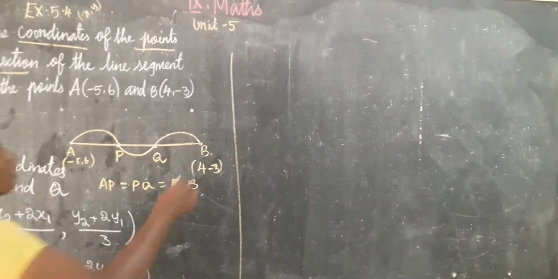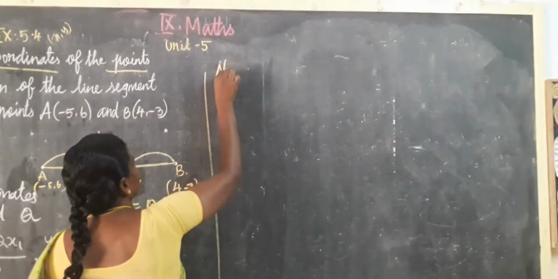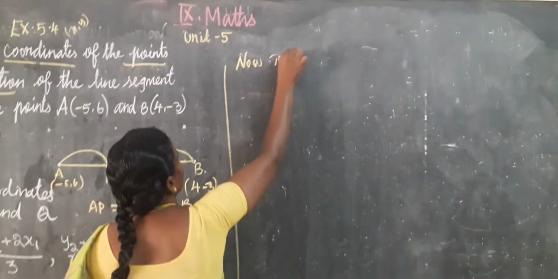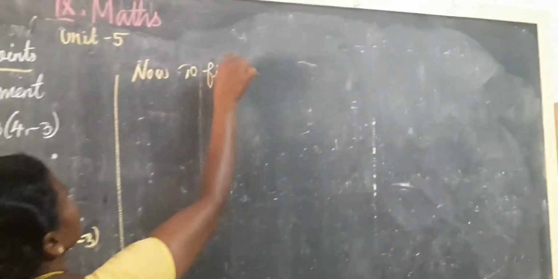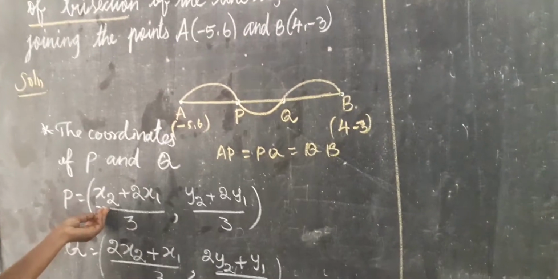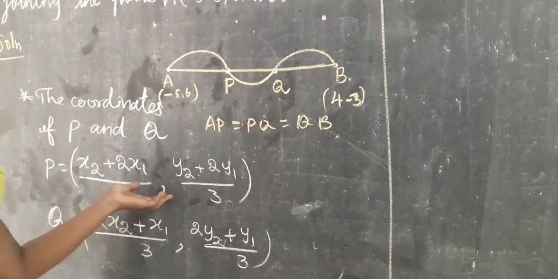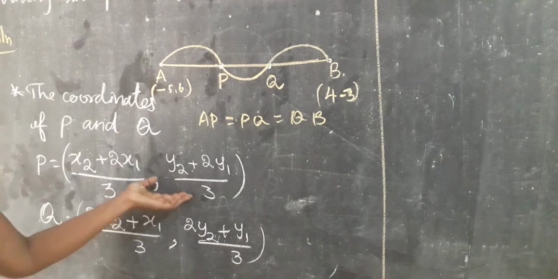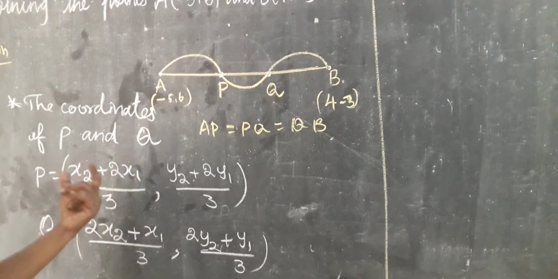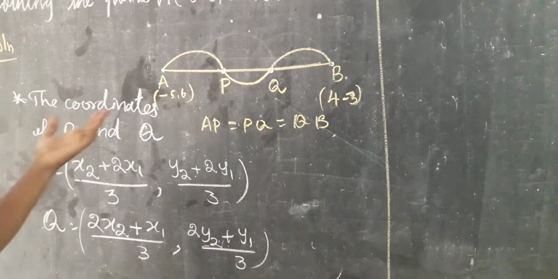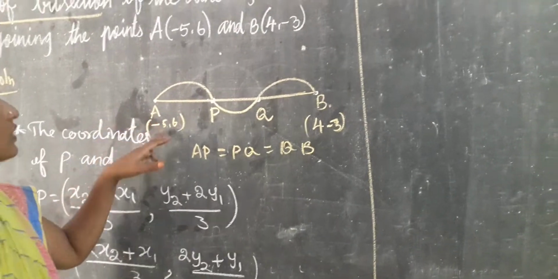Now to find P, what is the formula? x2 plus 2x1 by 3, comma y2 plus 2y1 by 3. We need x1, x2, y1, y2 coordinates. Where are the values?